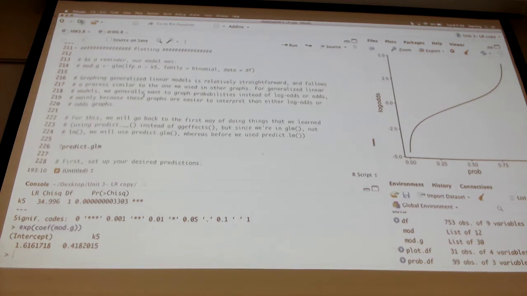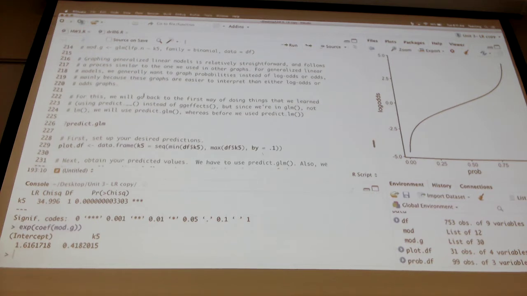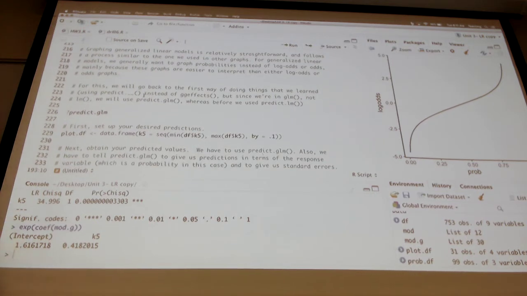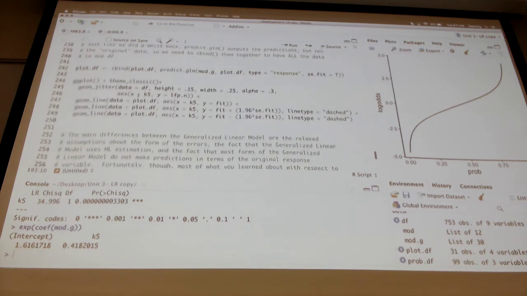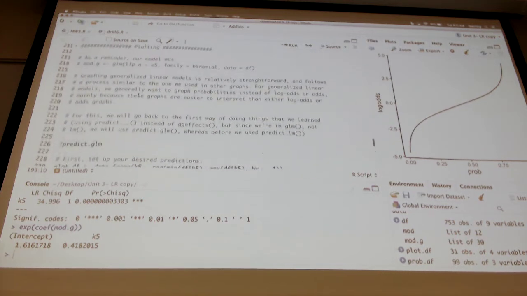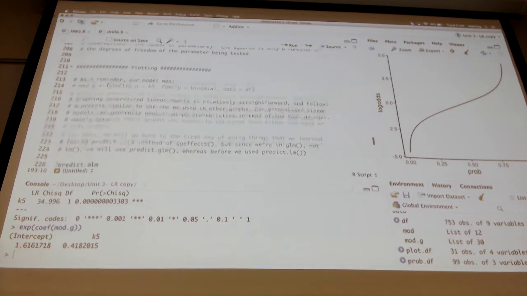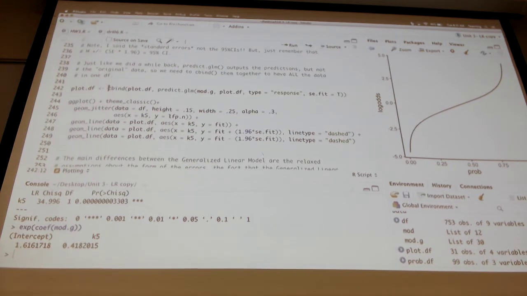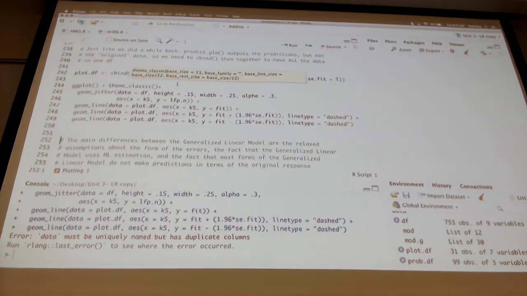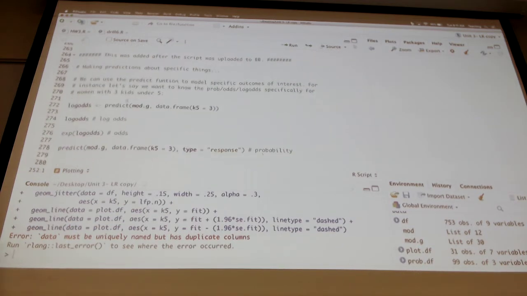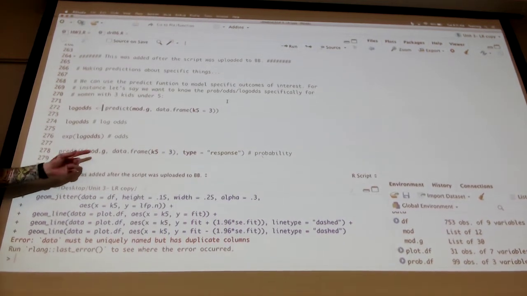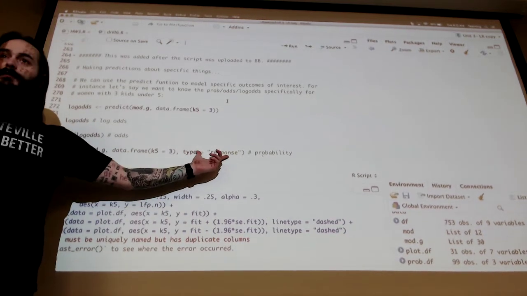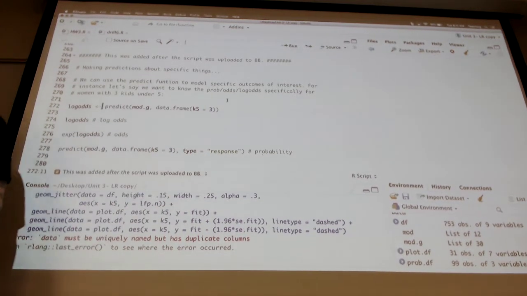But one more thing that I wanted to point out is then to switch to probabilities. There are a few different functions that you can use for predicting things, and this is one of the things that we'll be doing today. There's a function called predict, and if you include type equals response, then the output of that is going to give you the probability.